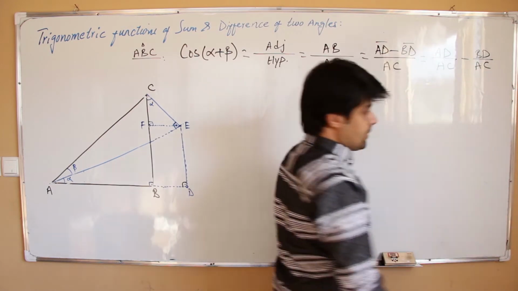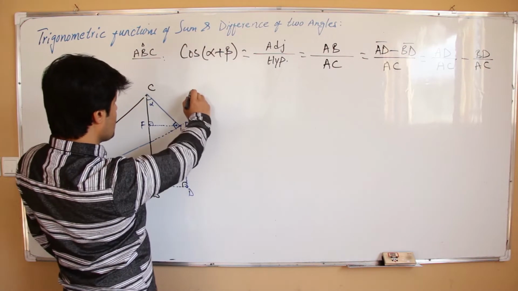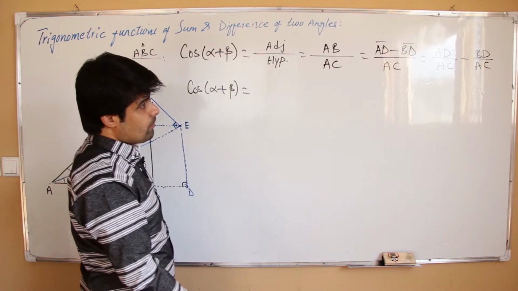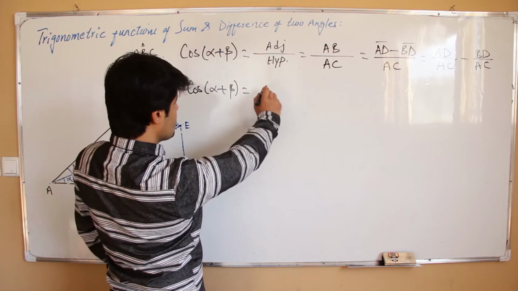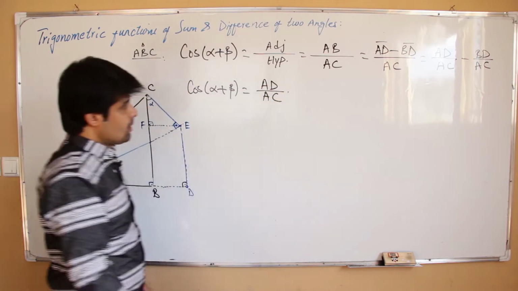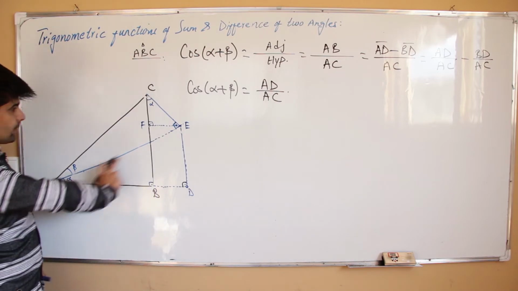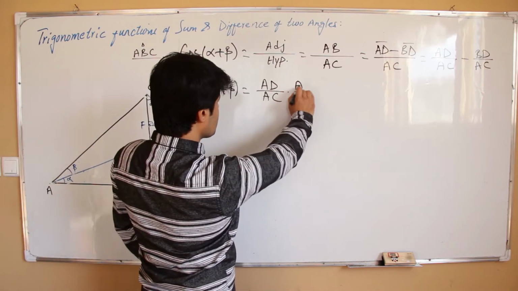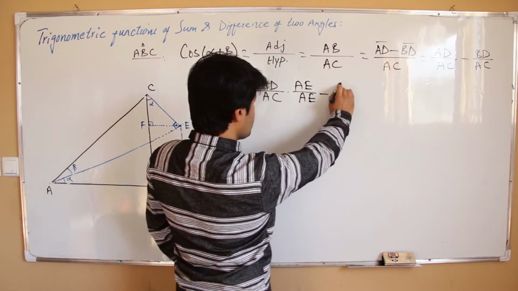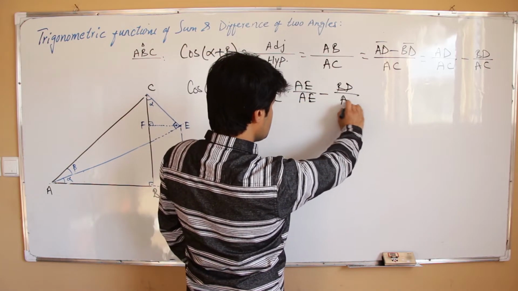All of them are lines. Am I right? Yes. Now, cosine of alpha plus beta is equal to AD divided by AC. And here I will multiply this line AE by AE, minus BD by AC.